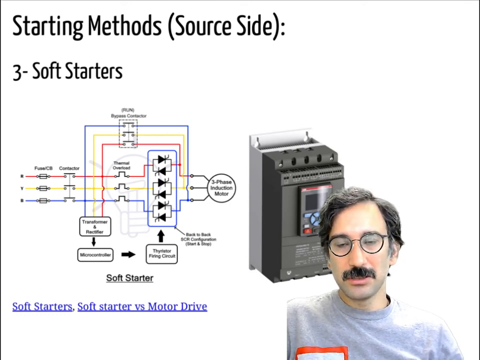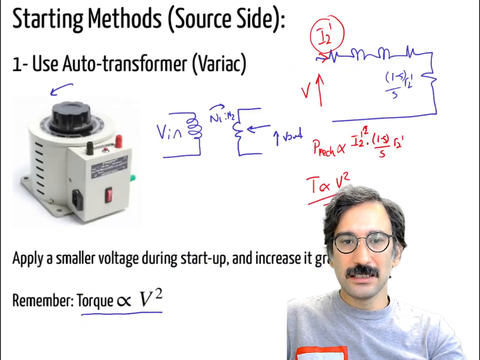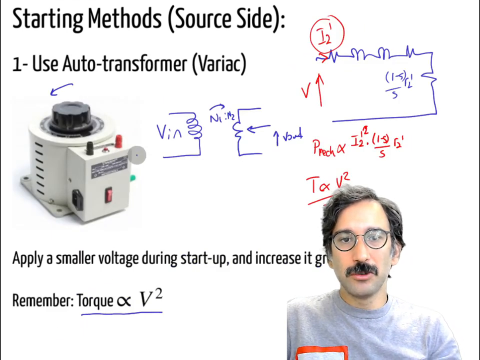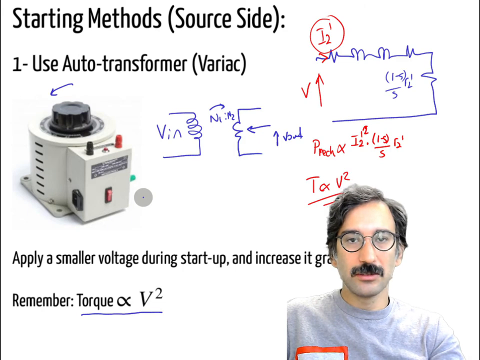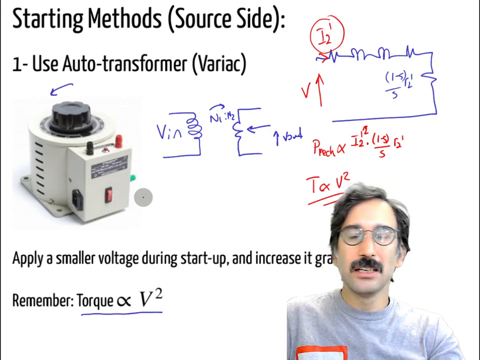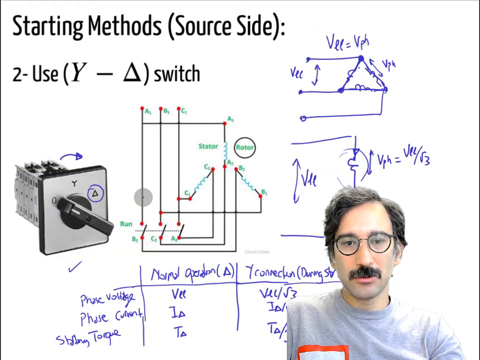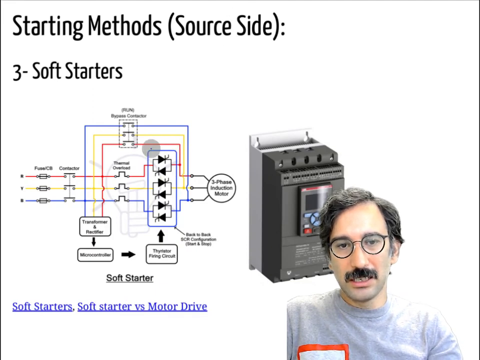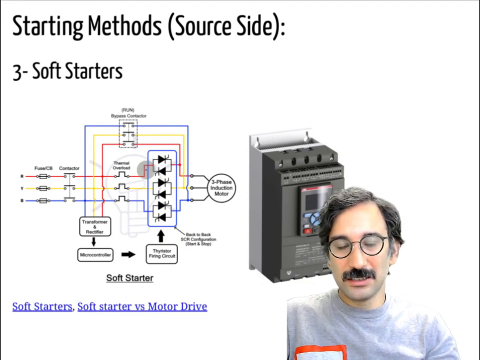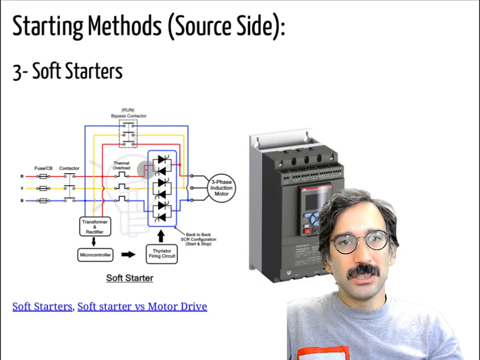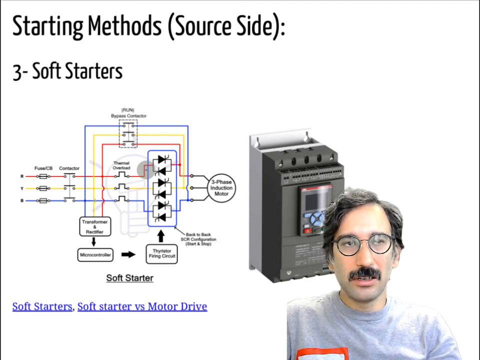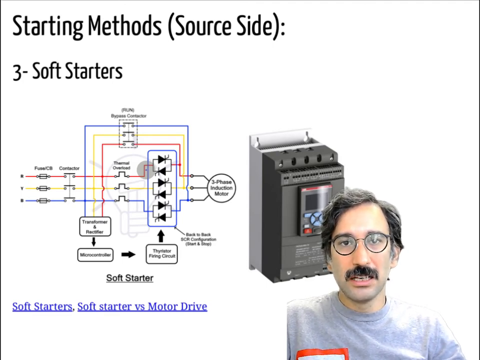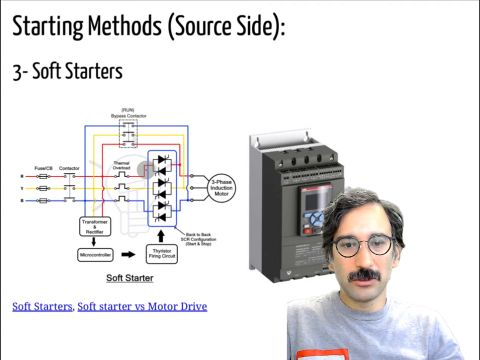The simplest of those are called soft starters. This is actually no different from the auto transformer method, but instead of a transformer, you are doing it electronically using switches. In this case it's thyristors, and if you are interested, we will talk about those in the fourth year power electronics course.